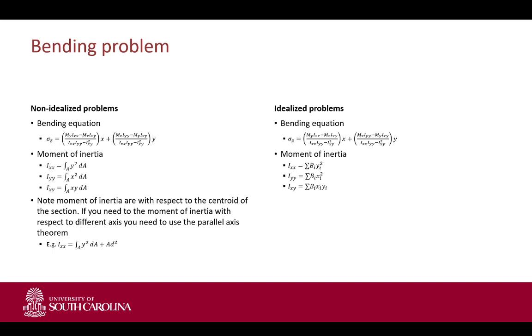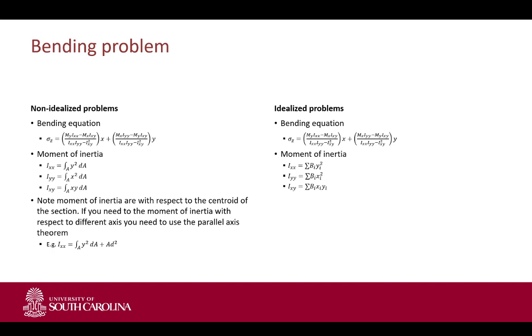However, if we do have an idealized section, we assume that the thickness is 0, so the 1/12 b h cubed terms basically disappear, and we only have effectively Steiner terms. That's represented by the summation of the boom area multiplied by the distance to the centroid squared. So for Ixx, that's y squared. For Iyy, that's x squared.